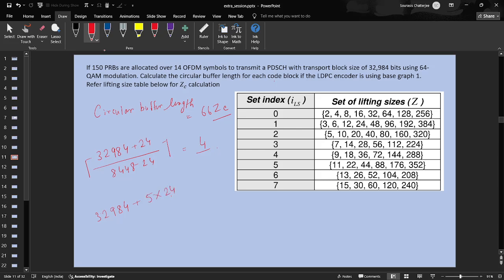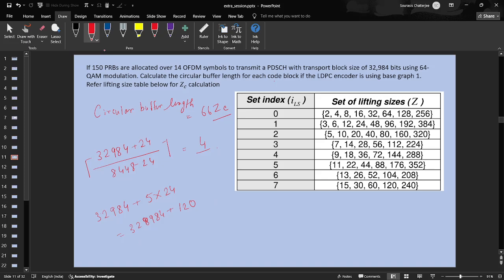So in total 5 into 24. One more 24 will also be added: 32984 plus 24 plus 5 into 24. There is one transport block CRC and four code block CRCs, so in total 5, right? Okay, got it.